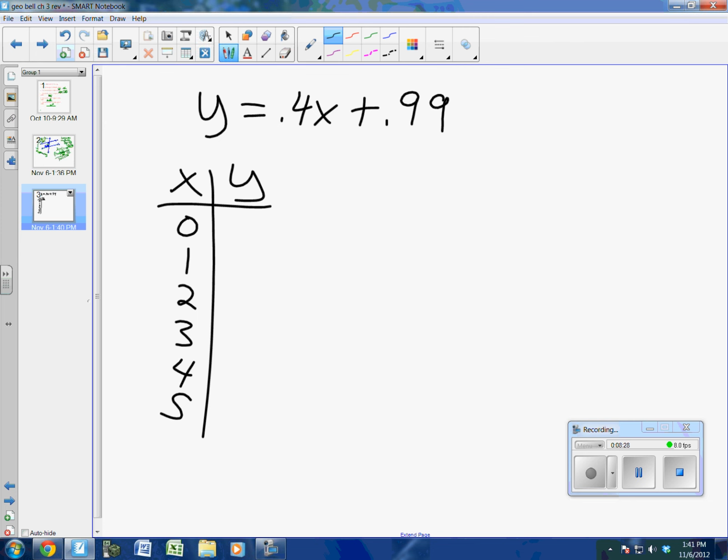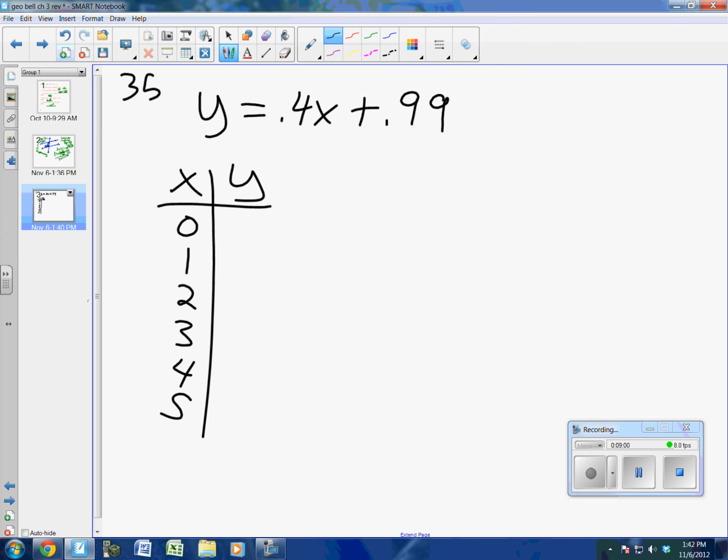So x represents the minutes, right? So if you have 0 minutes, how much is it going to cost you to make this phone call? Actually, 99 cents. It means if you're on there between 0 and 1 minute, okay? And if you're between 1 and 2 minutes, it's going to cost you 0.4 times 1 plus 99 cents, right? Okay? And so forth.